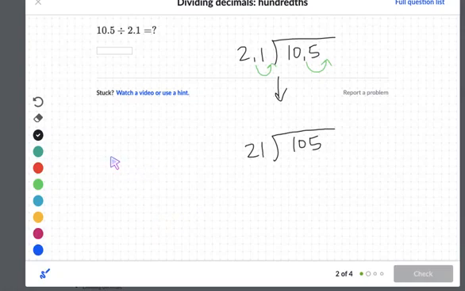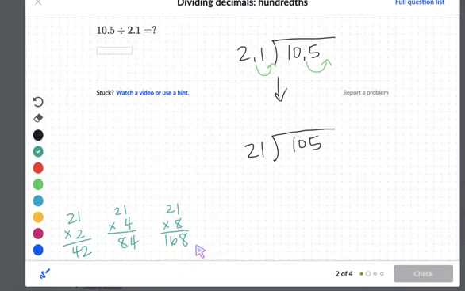And then we begin with our key, okay? So let's make our key. 21 times 2, that's 42. Double that, so that's 4. And so we get 84, and then we're going to double that to 8. And we will get 8 times 2 is 16, 168. So now I have a good key to follow. 21 does not go into 1, that's too small. 21 doesn't go into 10, that's too small still. 21 can go into 105.